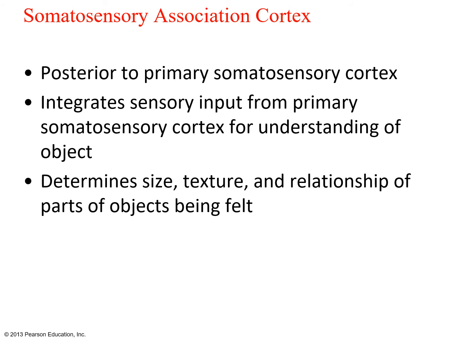So the somatosensory association cortex is posterior to the primary somatosensory cortex, and this is an area of interpretation. Basically, it will take input from the primary somatosensory cortex and interpret it so that you can determine things like size, texture, and spatial relationships of parts of objects that are being felt.